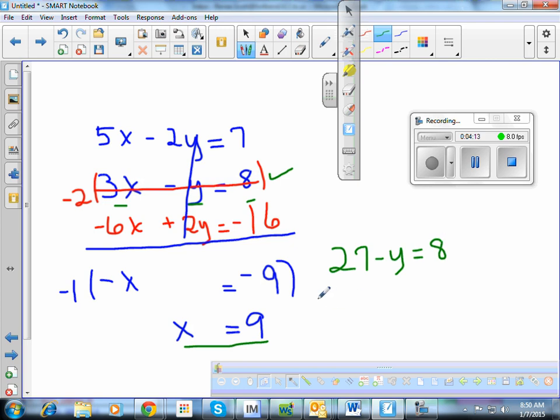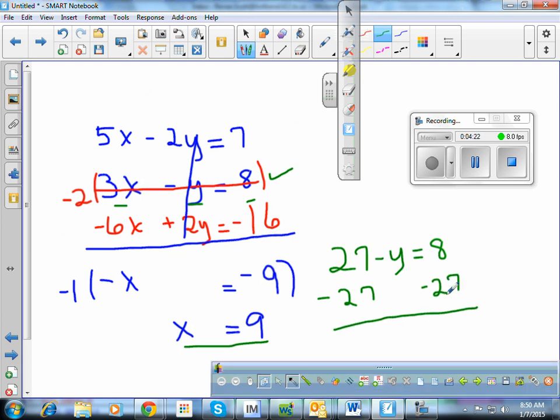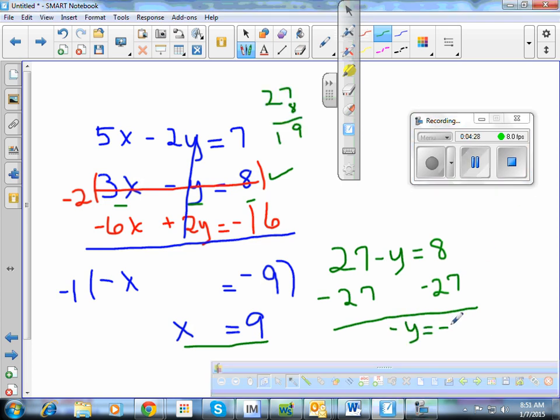So if I subtract 27 on both sides, I will have -y equals -19. So y is going to equal +19.